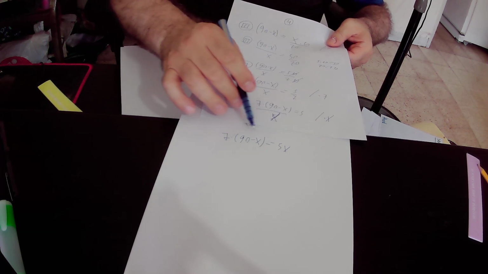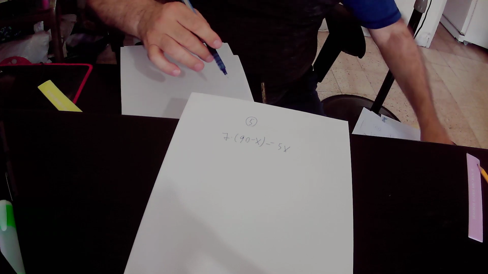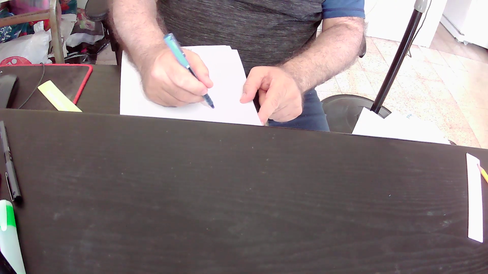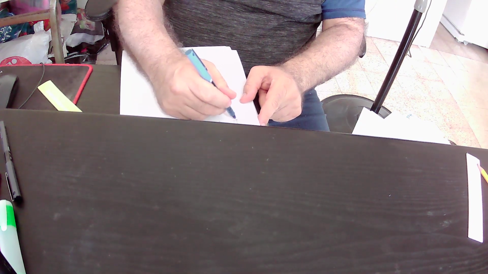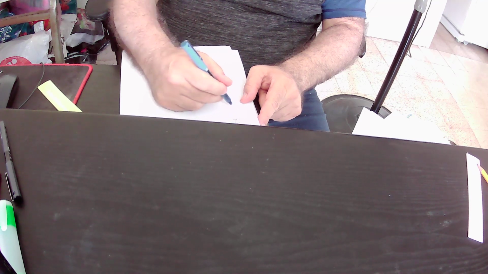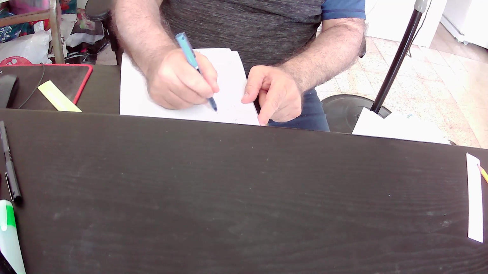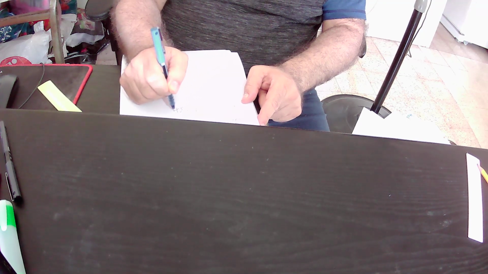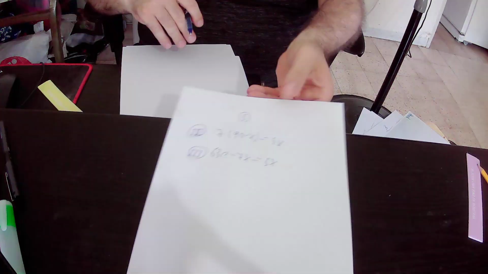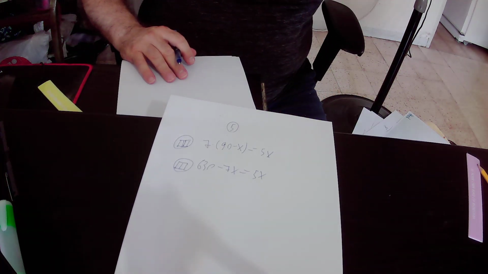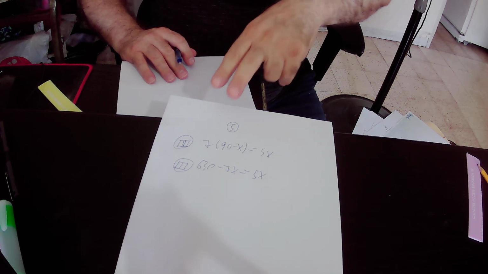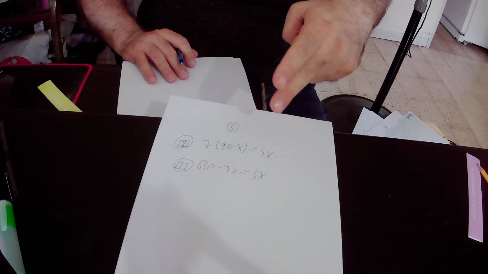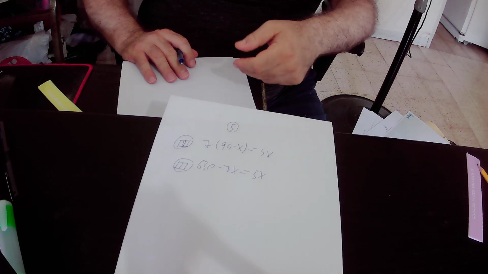Now we will open the brackets of this expression. 7 times 90 is 630, and 7 times minus x equals minus 7x, and this equals 5x.